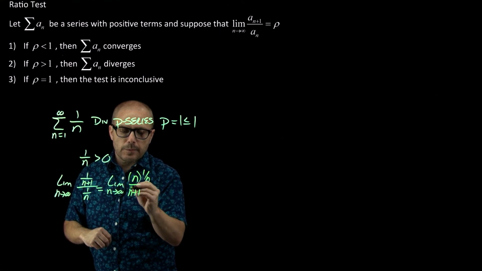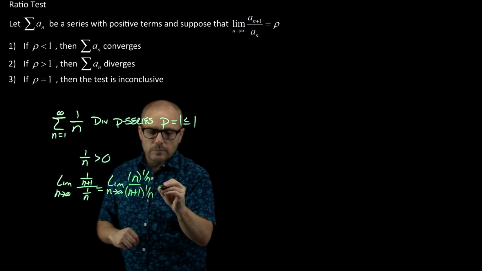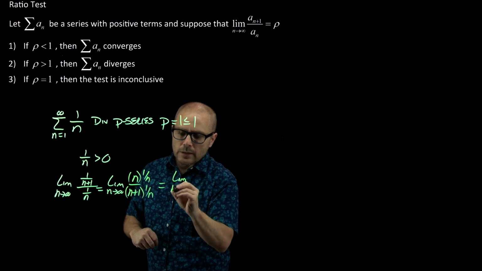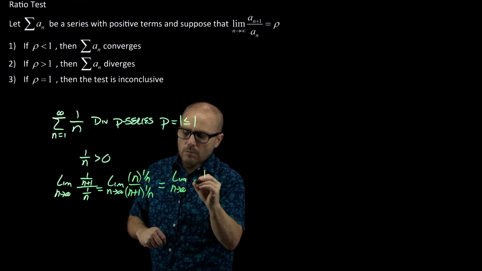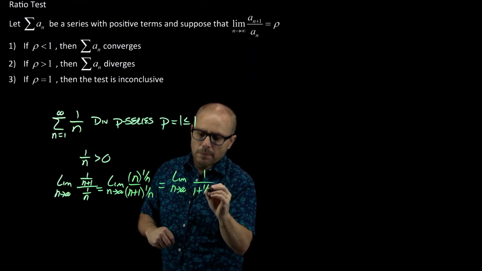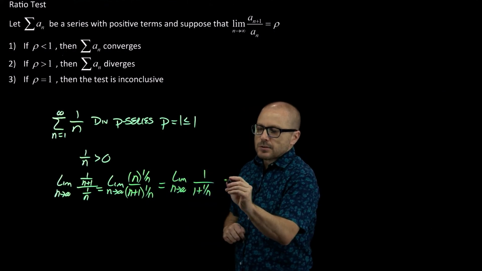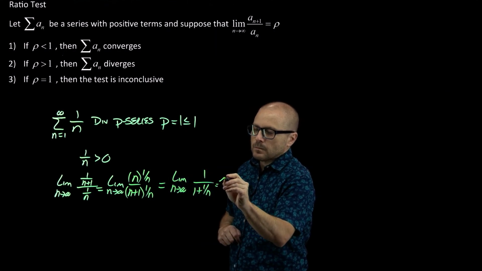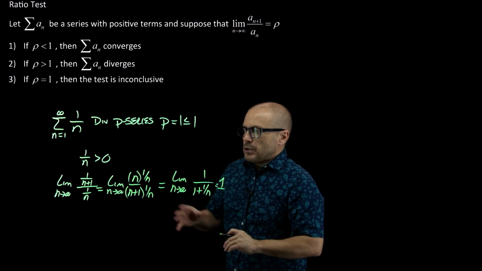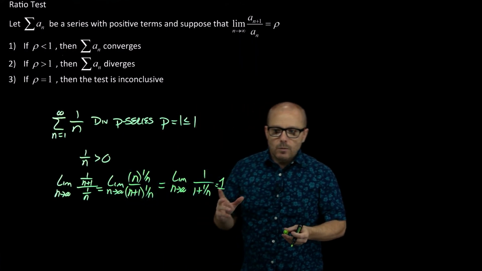Divide by n on top and bottom. And that limit's just 1. So if you do the ratio test on that p-series, you get 1.